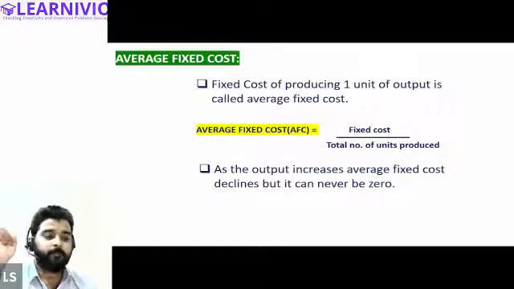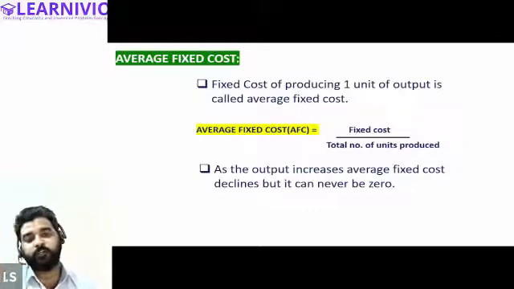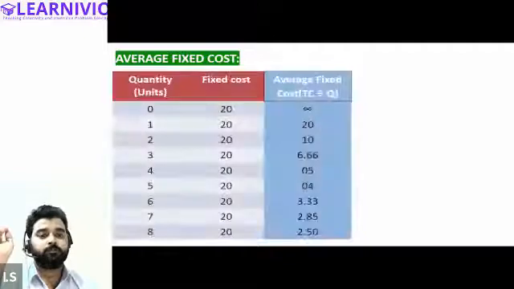So if there is some positive value of the fixed cost, and you divide it by the quantity, you will get some positive value. It will be 0 point something, but there must be some value. It can never be zero.